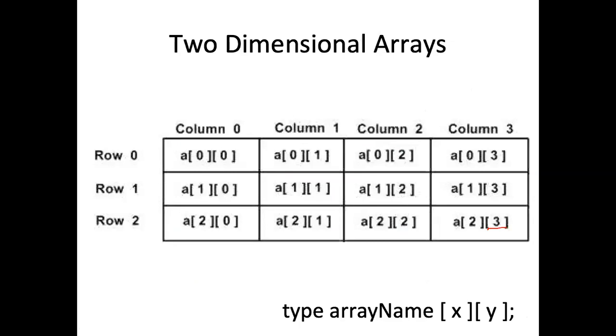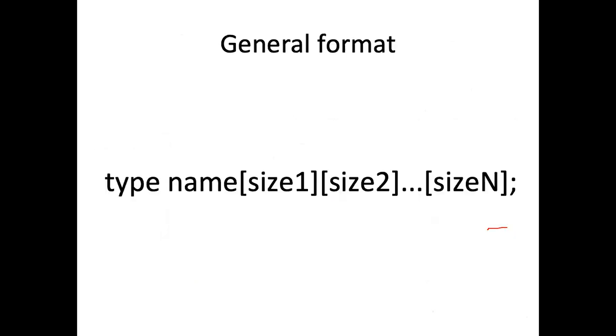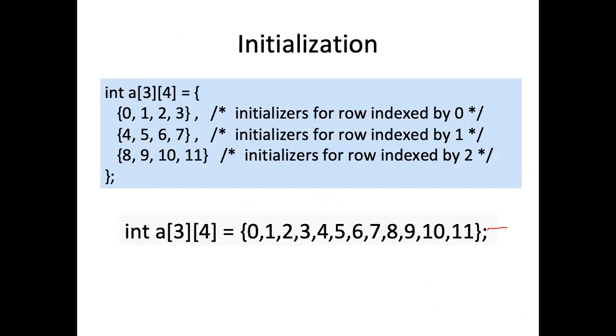I mean this is same example that I've shown you of the 2-dimensional array. अगर जनरल फॉर्मेट आपका जो n-dimensional array का ये होगा कि you will have to put some size here, और ये size 1, size 2, and actually it will go up to size n. How to actually do it? ठीक है, this is a standard way of initializing the arrays.